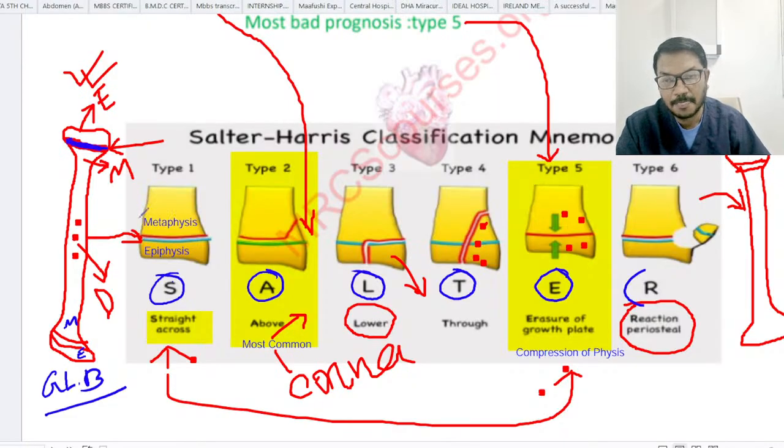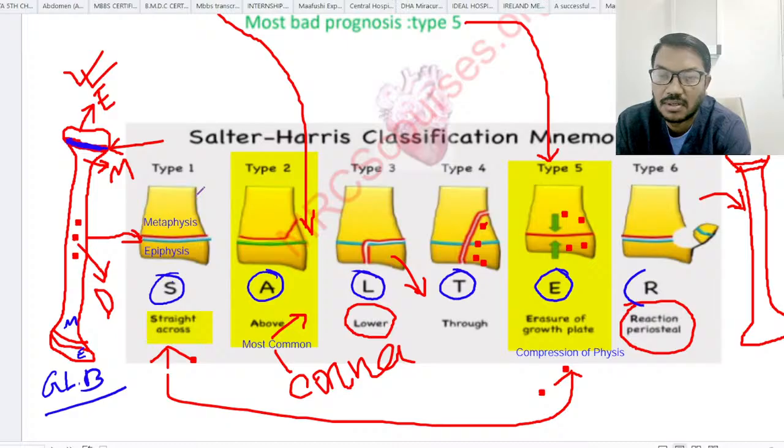To make it simple: Salter Harris classification is mainly for children, based on the epiphyseal cartilage in between metaphysis and epiphysis. If the fracture is in between and straight, it is called straight, type 1. Type 2 is A: S, then A. A for above. Above which line? Above the epiphyseal line, the cartilage line.